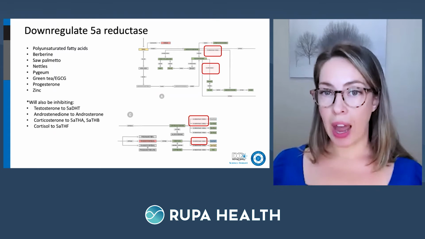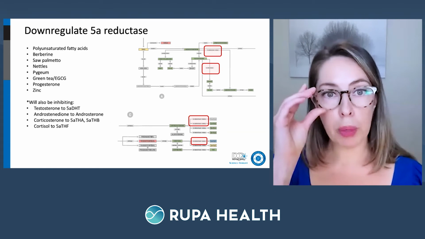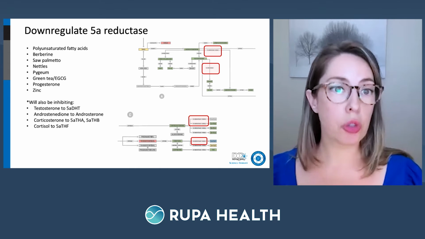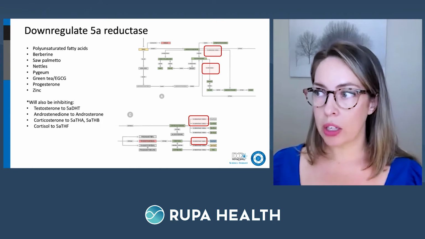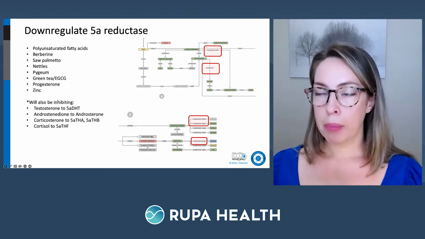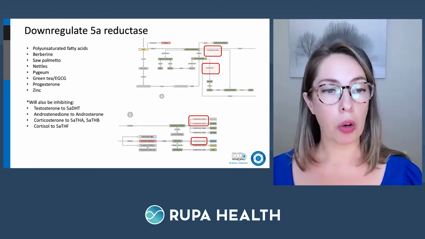So just pretend I didn't like that movement towards 5-alpha. I wanted to reduce 5-alpha reductase. I want to downregulate it. These are all the ways that you can do that. Please keep in mind also that these enzymes are functioning in other neighborhoods within the hormone world.